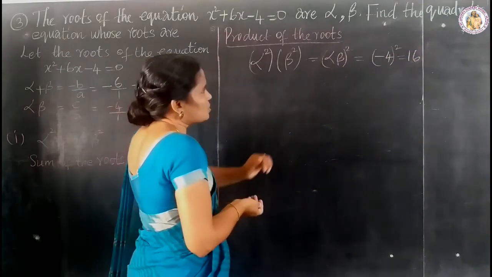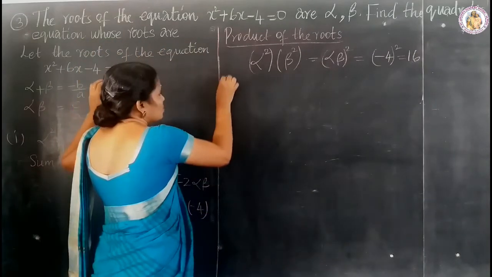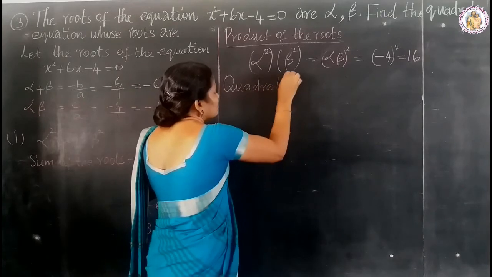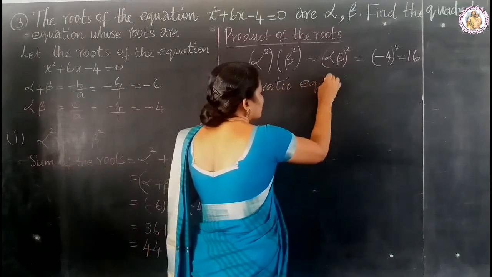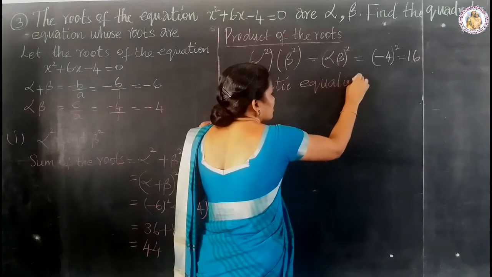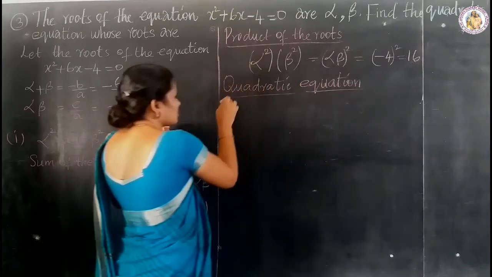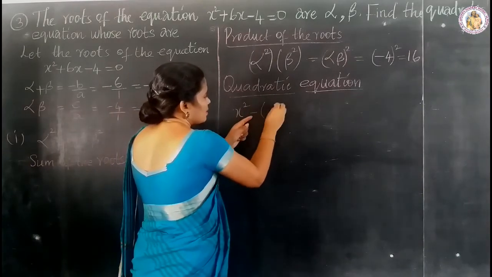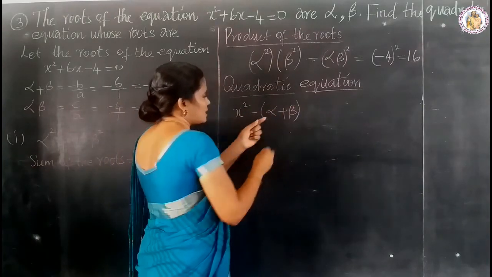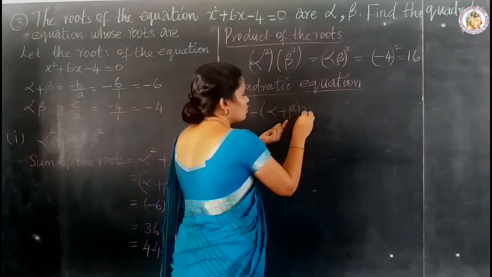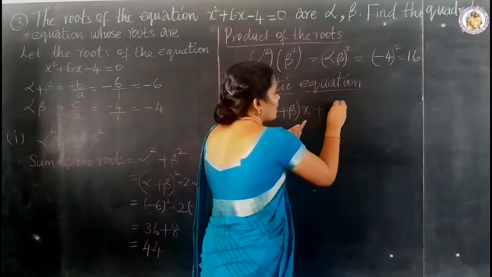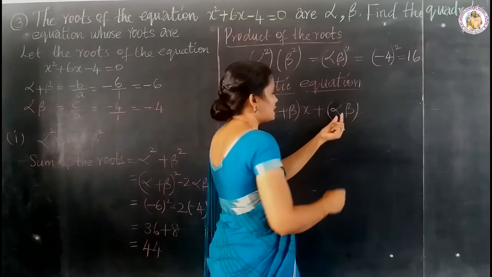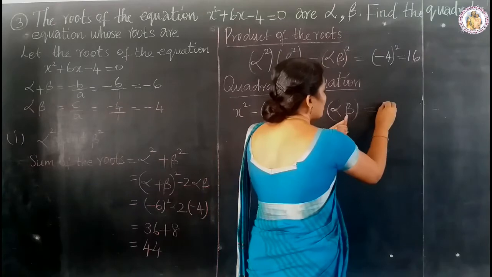Okay, and we are asked to find the quadratic equation. So quadratic equation, x square minus sum of the roots, that is alpha plus beta, sum of the roots x plus product of the roots, that is alpha into beta is equal to 0.